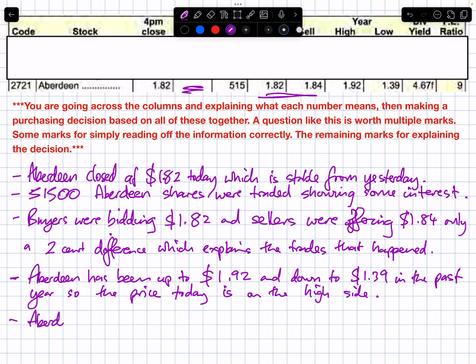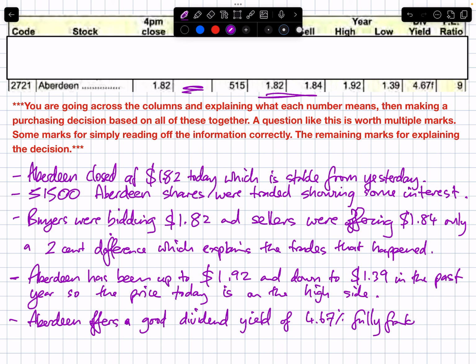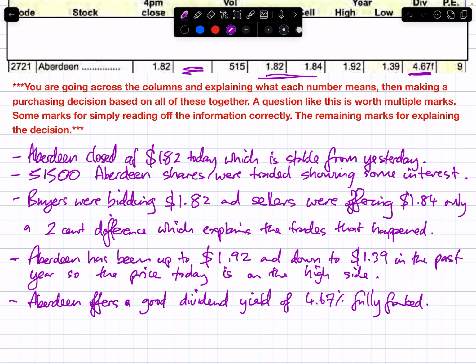Aberdeen offers a good dividend yield of 4.67%, fully franked, which is a good thing. The company's paying for your tax and you're getting an investment return of about 4.67%, which is better than what banks offer in their savings accounts.